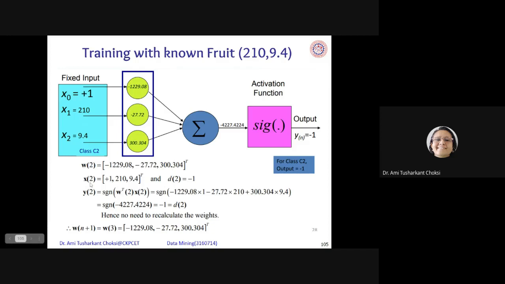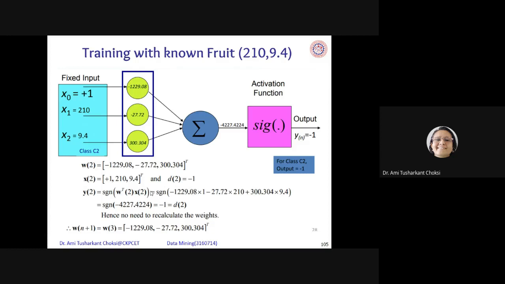X2 is plus 1, 210, 9.4 transpose. And D2, the desired output, is negative 1, as it is class 2. Now we want to find the actual output, that is Y2, equal to SGN of W transpose 2 into X2.